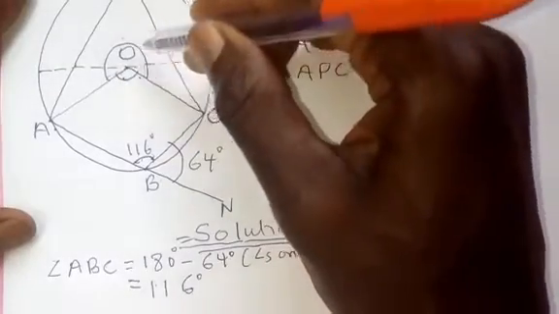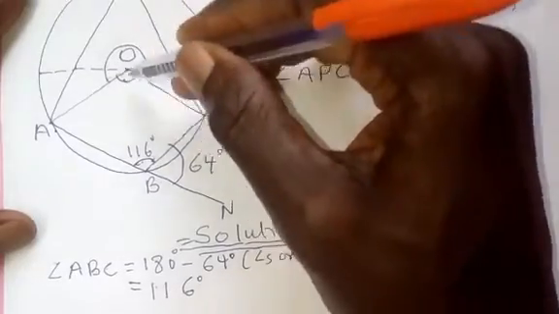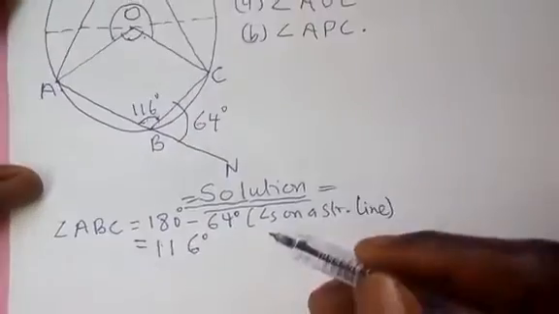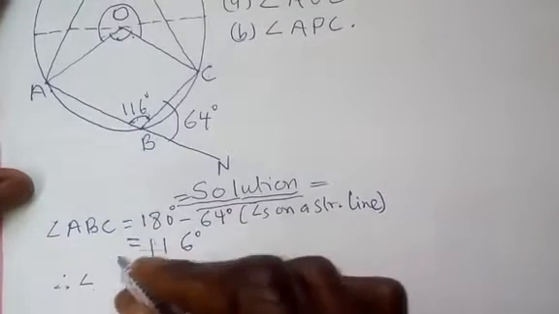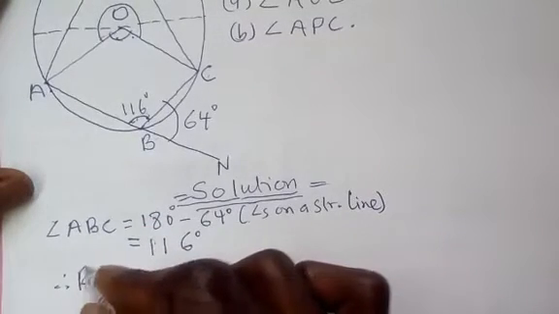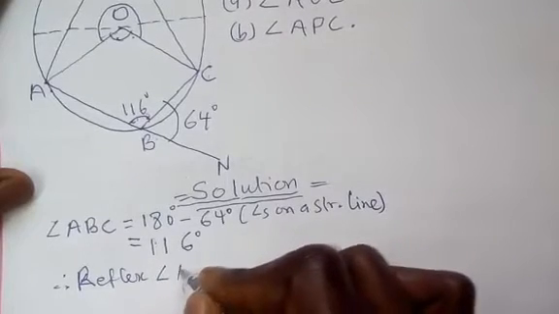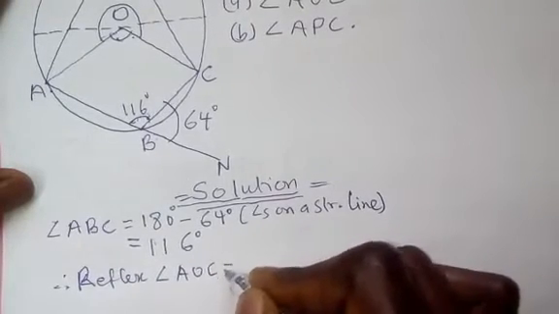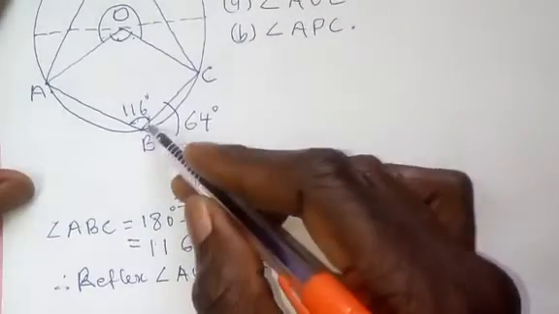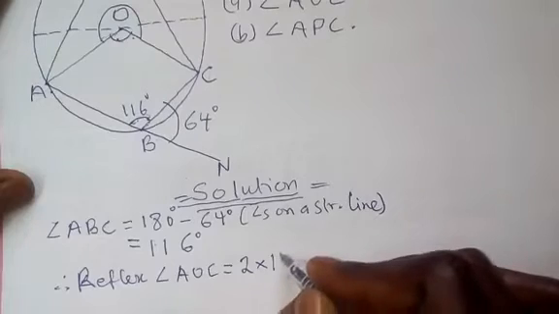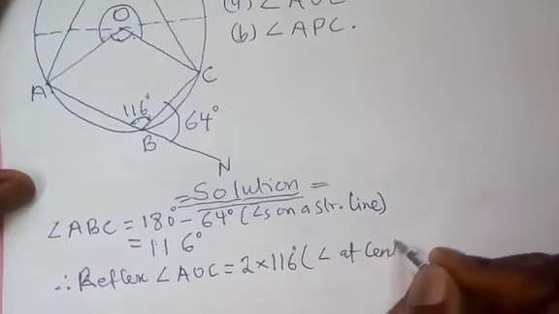And in getting the reflex, you will see that the angle at center, which is the angle of the reflex, is going to be twice what we have here. So we can say, therefore, our reflex angle AOC would become 2 multiplied by the angle at the circumference, which is angle at center.